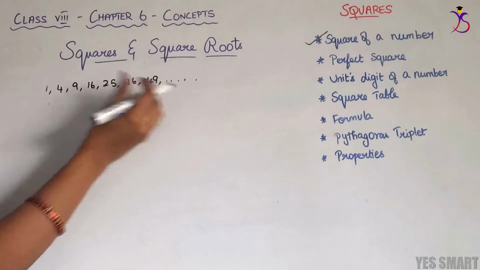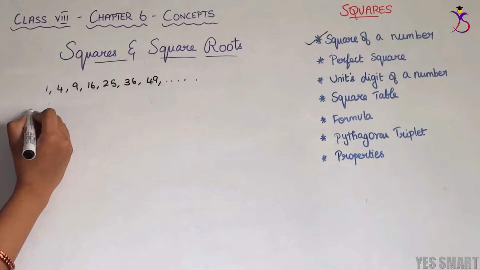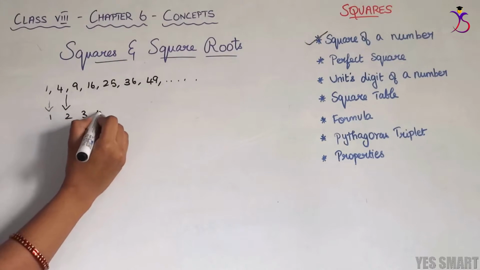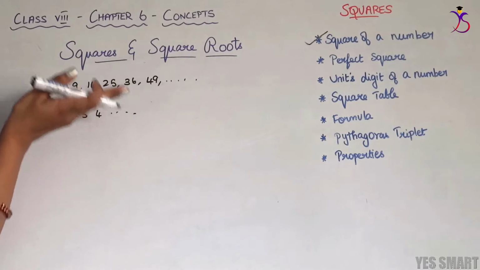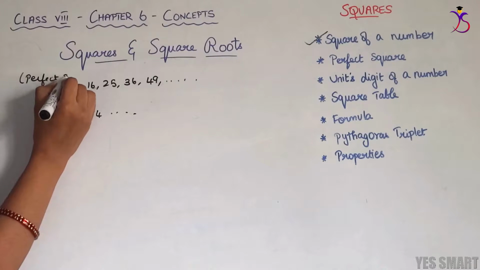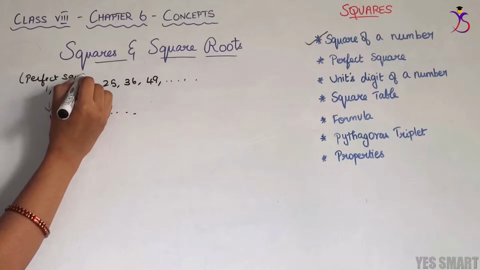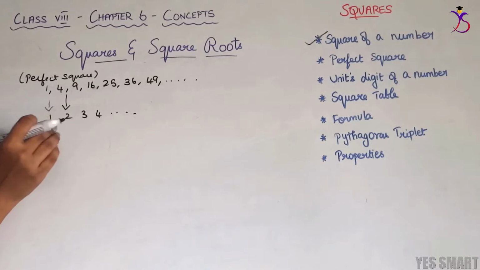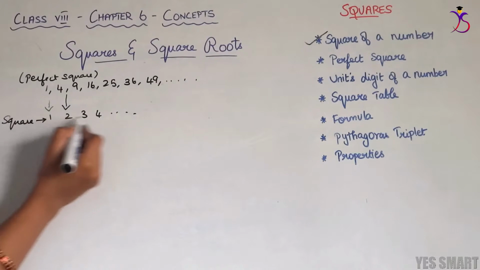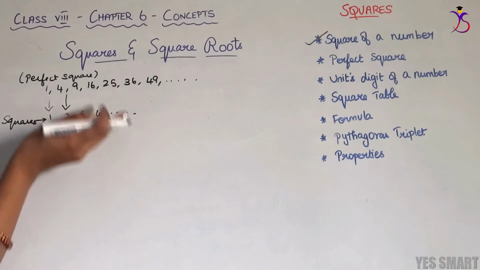For example, we get 1 when we square 1. We get 4 when we square 2. Similarly, we get 9, 16, and so on when we square 3, 4, and it goes on. Therefore, these numbers are called perfect square numbers. And these are the numbers on which we perform the square operation to obtain the perfect squares.